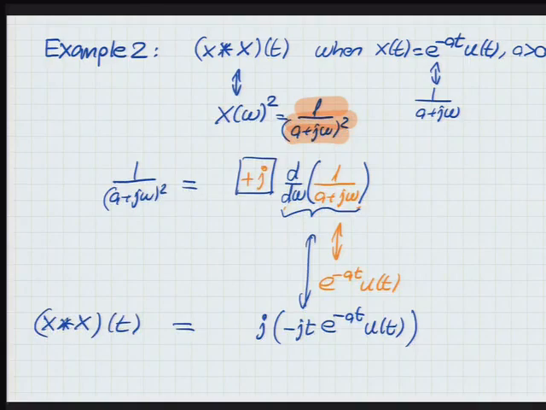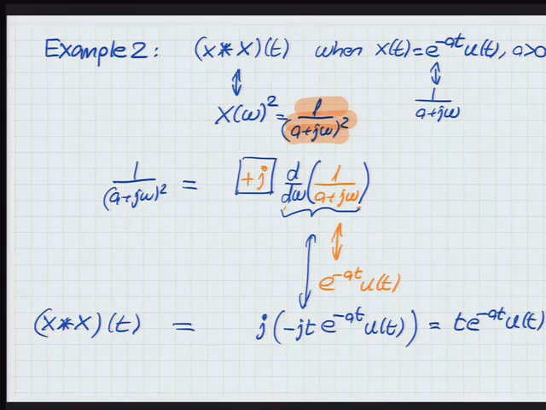So you simply get t e to the negative at u of t. Kind of interesting. So when you take the convolution of e to the negative at with itself, you get t times e to the negative at.